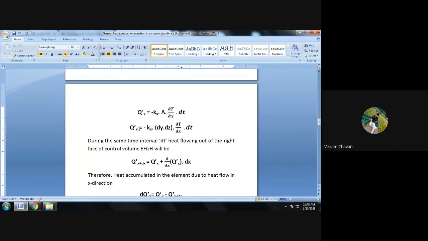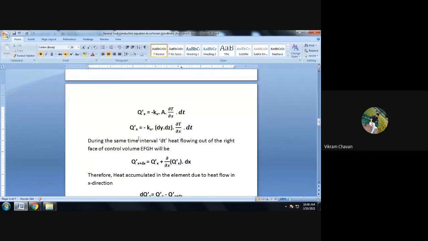Then further, q dash suffix x is equal to minus k suffix x multiplied by area. What is the area perpendicular to the heat flow? That is the area of face ABCD. Face ABCD has a length of dz and a height of dy.